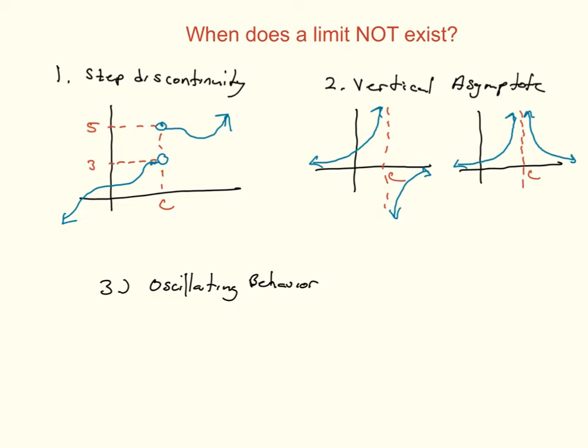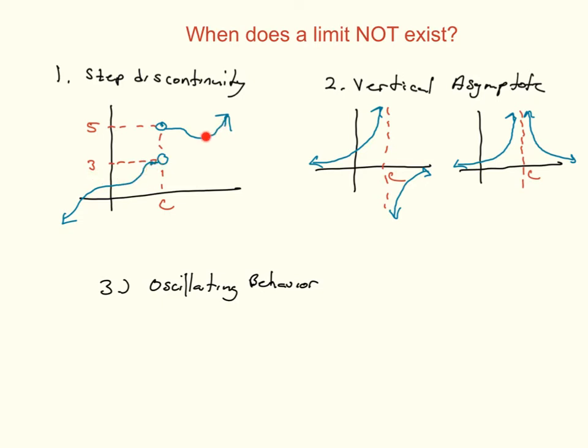The first situation that we're going to look at is what's called a step discontinuity. What we're looking at here is this one: the limit exists for every value on this except for c. Because look what happens as I move closer and closer to c from the left and from the right. As I move closer and closer to c from the left, my function values are getting closer and closer to 3.